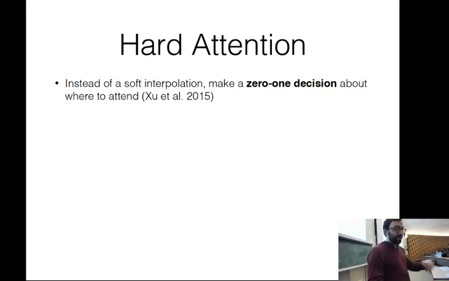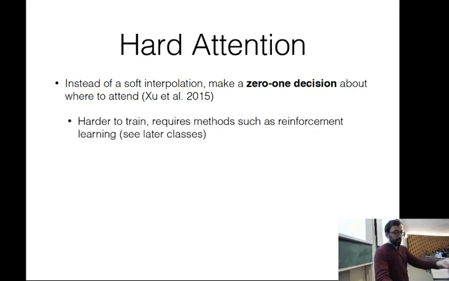Okay, so back to hard attention. Here, instead of having this soft mechanism, we make a 0 and 1 decision about where to attend. We'll talk about it much later in class, and you can do that with reinforcement learning.